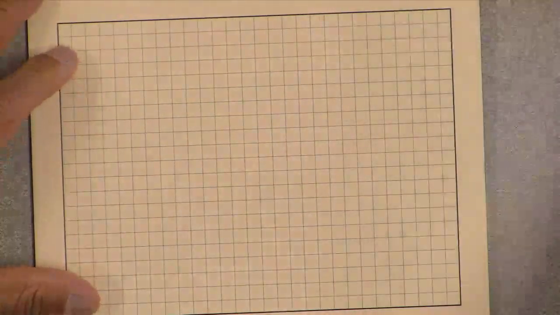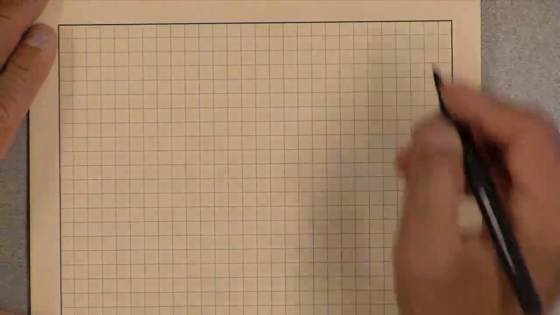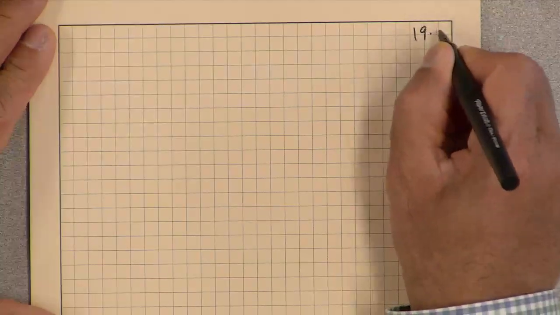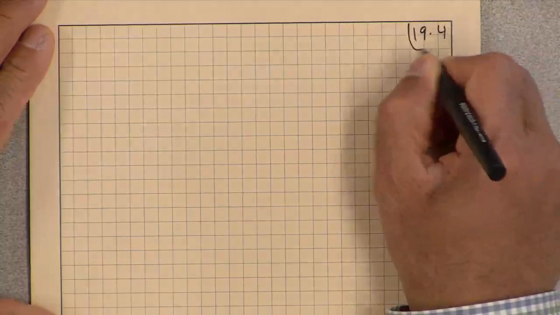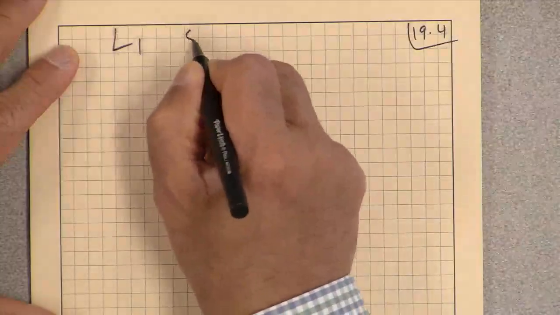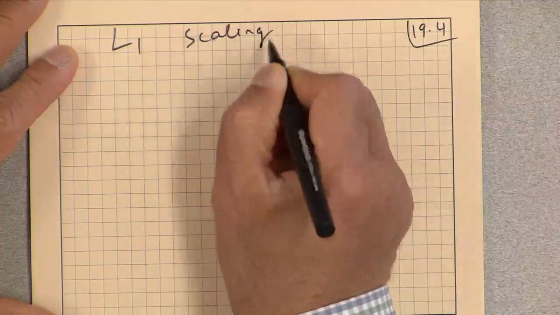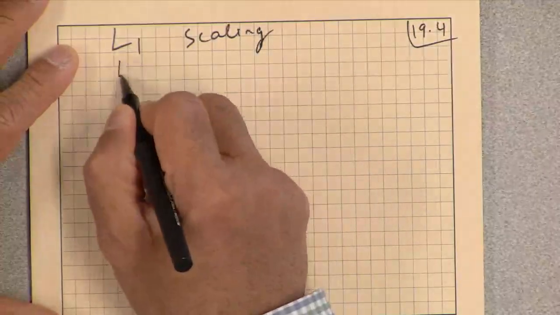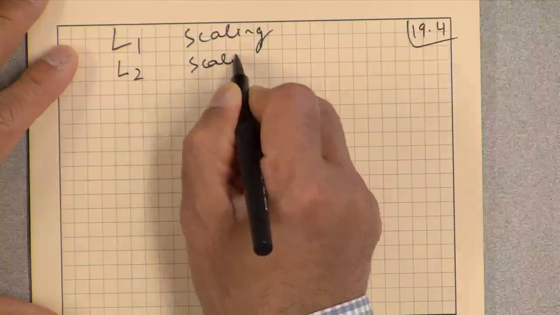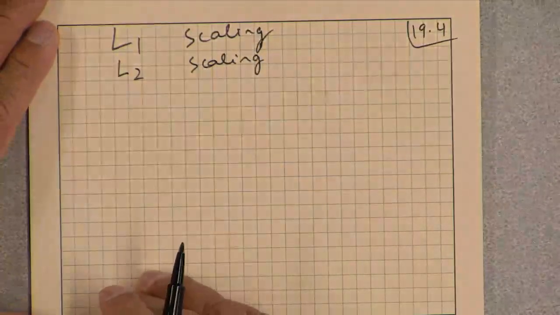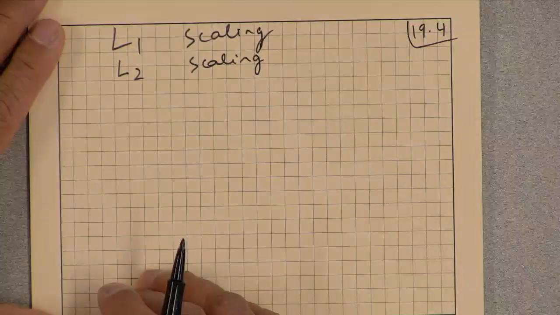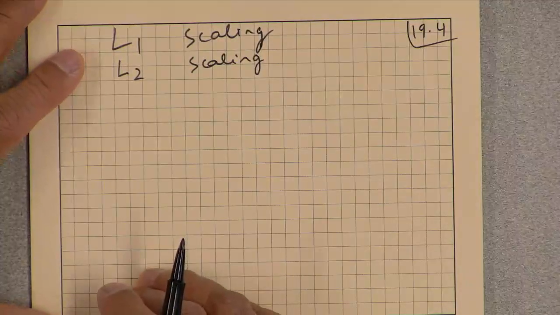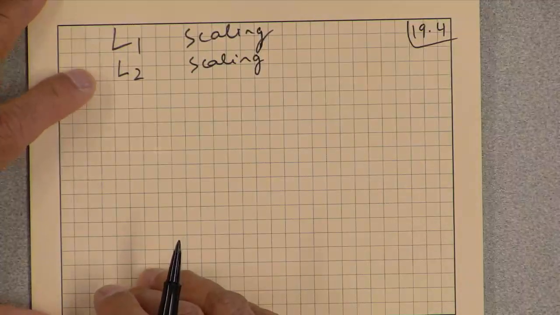So let's now talk about what is called L1 scaling and L2 scaling. You may have come across some of these in the beginning DSP class, which is perfectly fine, and it's a good review anyway.